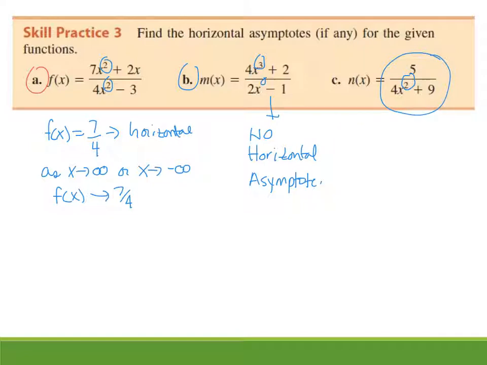In this case, as x approaches infinity or negative infinity, n of x approaches 0. So our horizontal asymptote is 0 in this case.